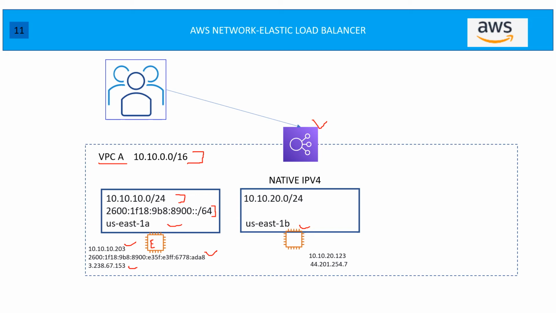My second server is going to be native IPv4, so I just carved another /24 from here, and this belongs to 1b. On the running instance, this is my private IP address, and 44.201.254.7 is my public IP address.